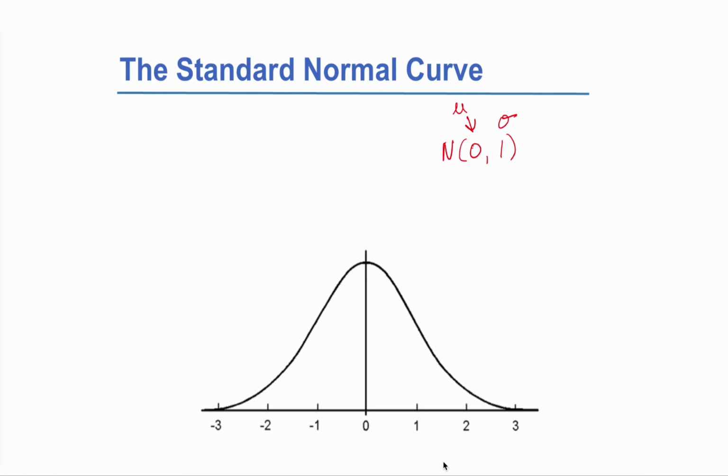And the distribution tables were calculated using calculus. It involves integrating a stupidly complicated function. If you don't know what that means, don't worry about it. But if you're in calculus, ask Miss Madiker how to integrate the normal distribution function. She knows how to do it.